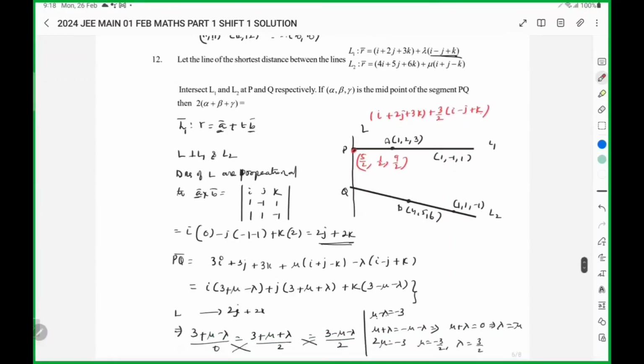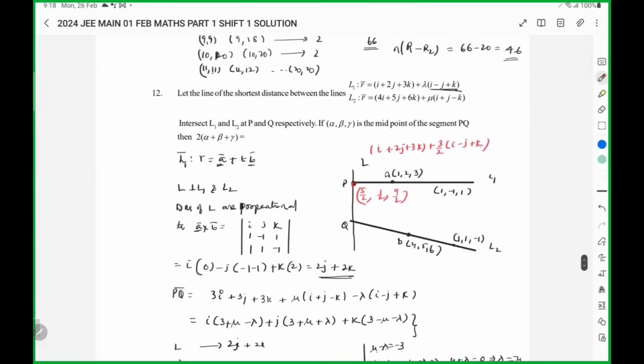Here, in place of mu, if you substitute minus 3 by 2, 6k minus 8i minus 3i, 5 by 2 i, 10j minus 3j, 7 by 2 j. Here it is 6k, 12 minus 12 plus 3, 15 by 2.